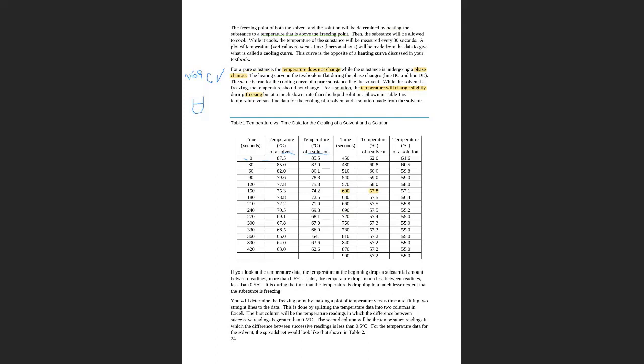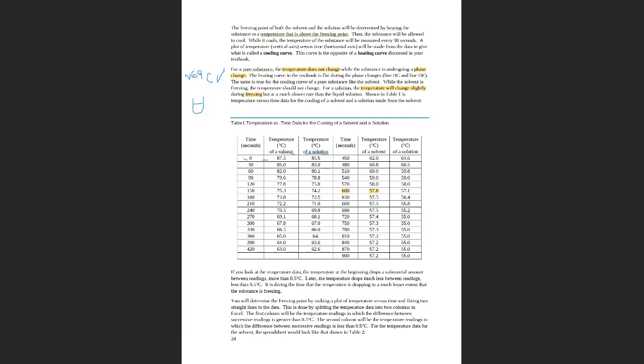For the solution, the temperature will change at a much slower rate while freezing. But for a pure substance, like our pure solvent, the temperature doesn't change while it's changing phase. You know that during a change of phase, the temperature is constant.